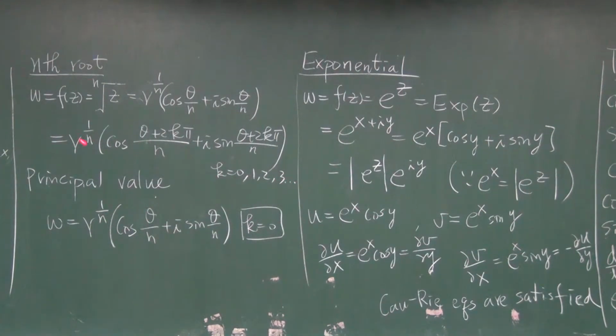This can be proved to be equivalent to this one. Also, we take k equals 0 and obtain the principal value. We have infinitely many values of W here, and for convenience, we use the term principal value for the function in the case k equals 0.